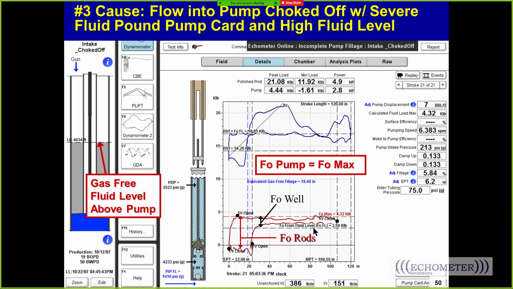This line right here, FO from the fluid level, is calculated from the intake pressure right there, the discharge pressure and the area of the plunger. This line, the FO max line, is calculated assuming that the intake pressure is 0. So if your pump card touches the maximum line, it can only do that if it has 0 pump intake pressure.